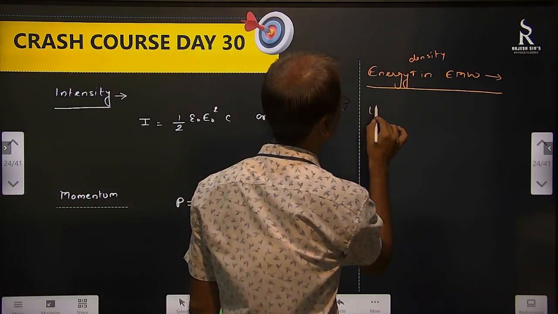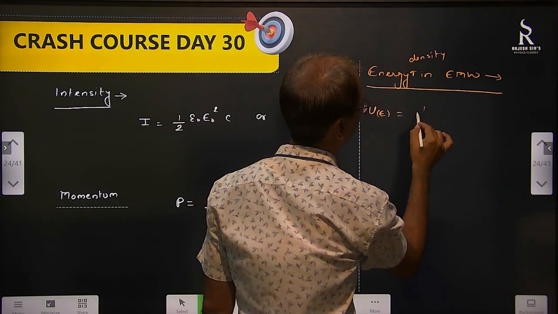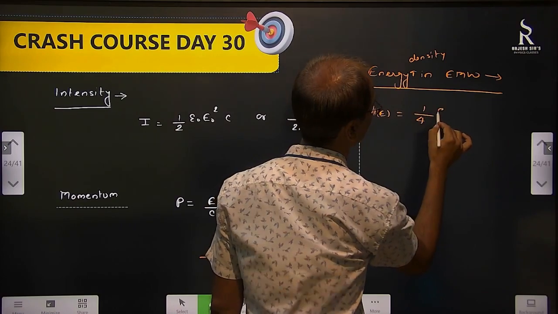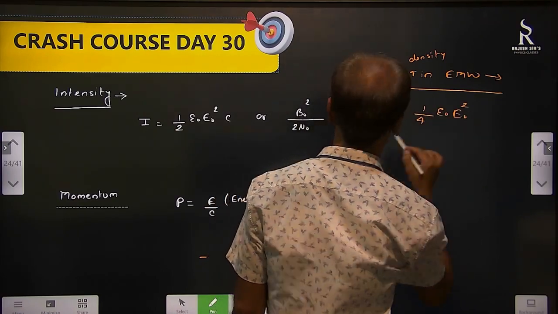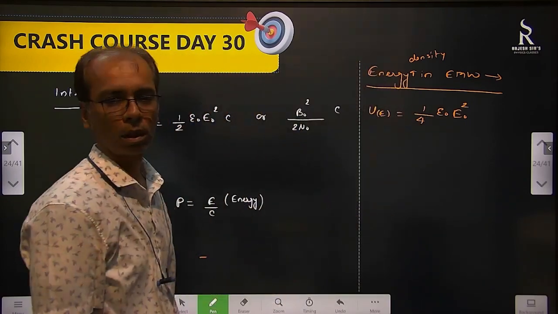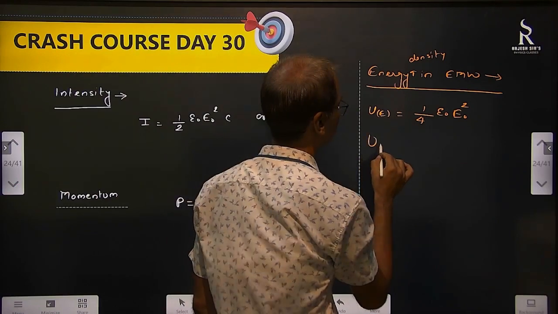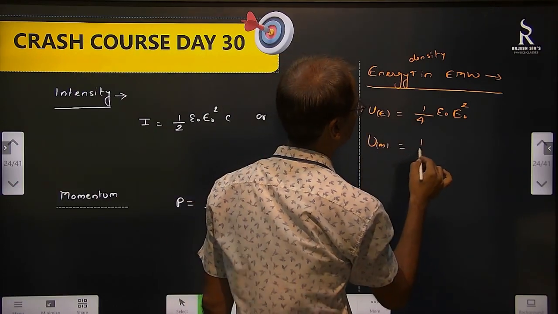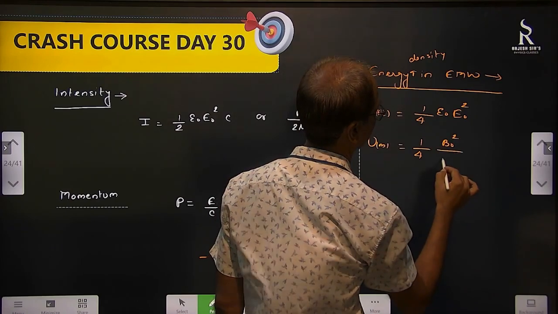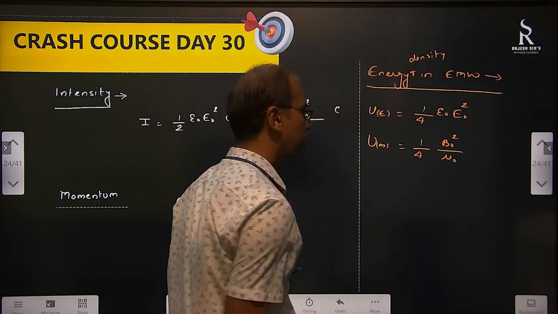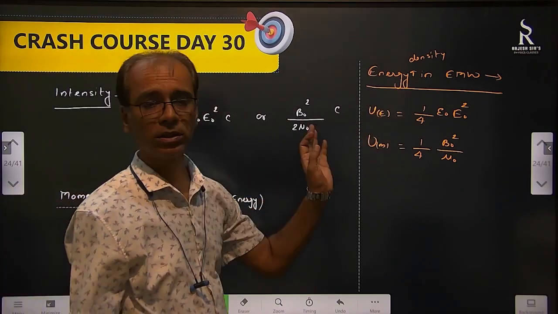Energy density for electric one is actually 1 by 4 epsilon naught E naught square for electric form. Same way magnetic form, 1 by 4 B naught square by mu naught. On an average, I am saying, because they are varying.